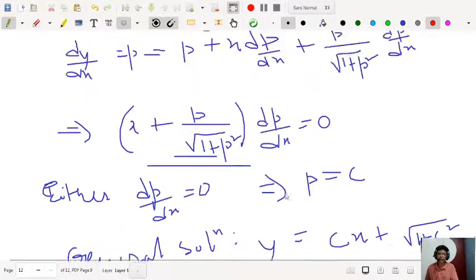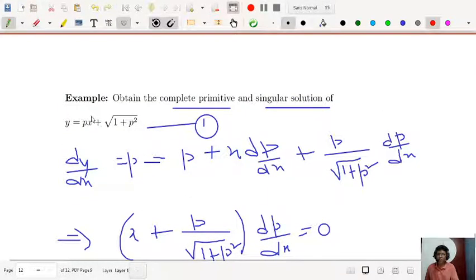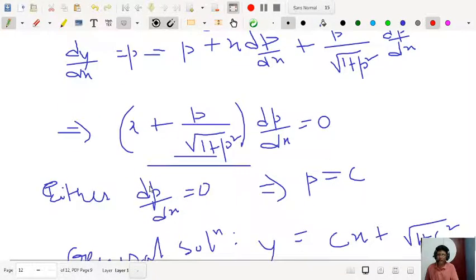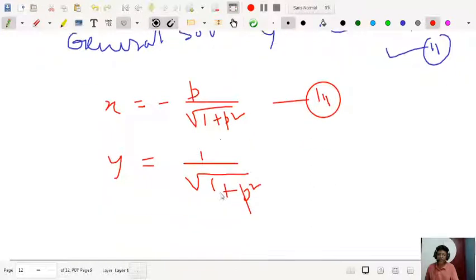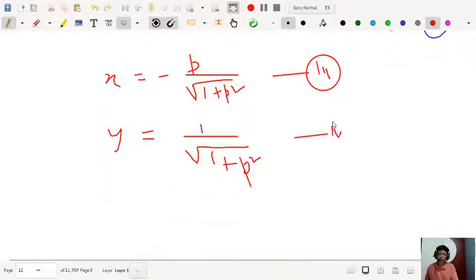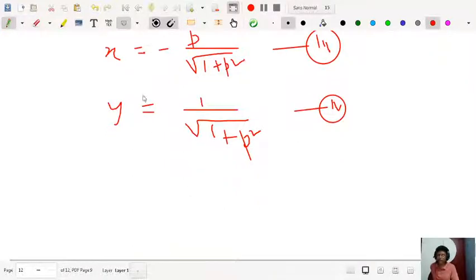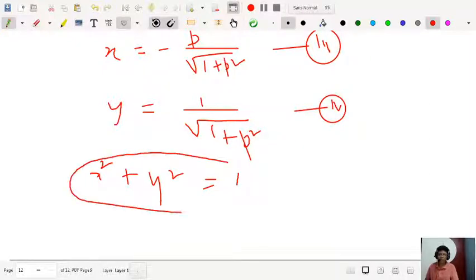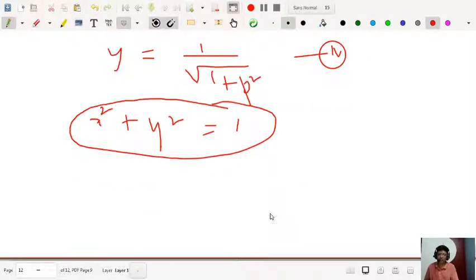If you replace your x by that value, this will be your y. So it looks like you can eliminate these x and y. Yes, if you square and add, you will get the singular solution: x square plus y square is equal to 1, and that is a circle.